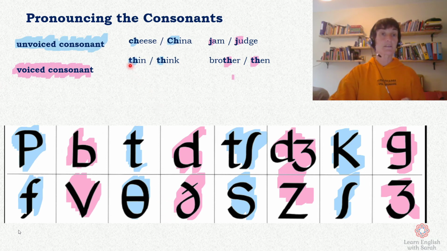So my sister would say fin and fink. So she's using this. And there are accents in the UK where they would use a v here, like bruvver. So I'm going to leave you with that. Ideally, of course, you will practice this until you can say it, but it's probably not the most important concern. Okay?